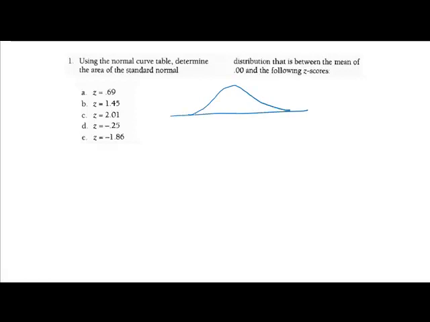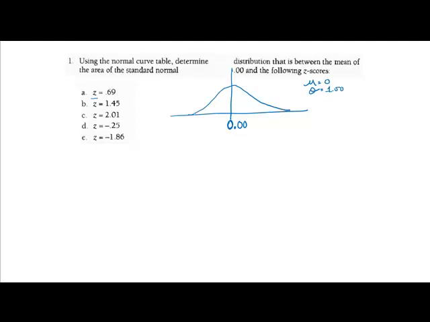And we would like to find the z-scores that are between the mean of 0 and the z that we're given. Now, a standard normal curve has a mean of 0 and a standard deviation of 1.